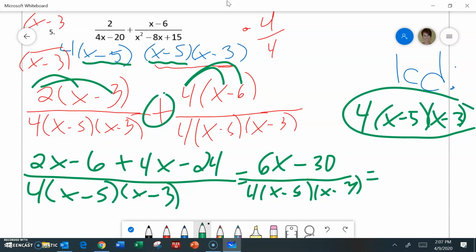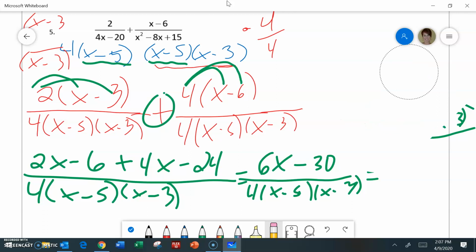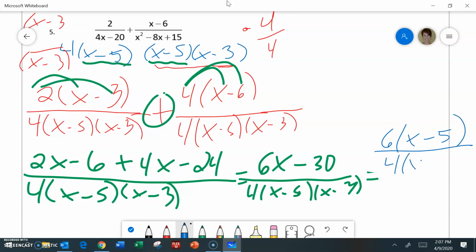So we actually did the addition. That's the nice thing about all this. Now I'm going to factor out a 6 from the numerator. So I have 6 times x minus 5, all over 4 times x minus 5 times x minus 3, which is still our LCD that we started with. Now let's see if anything will cancel.